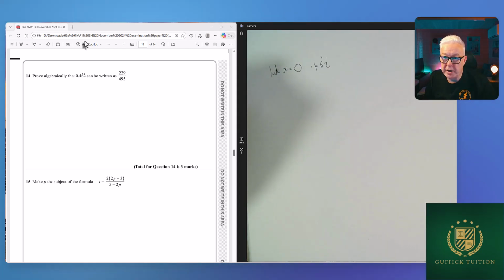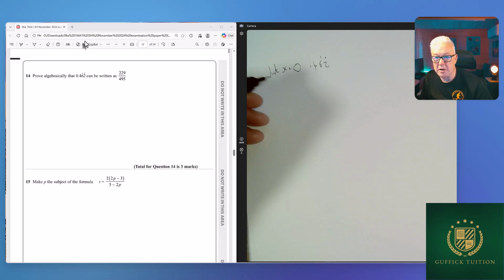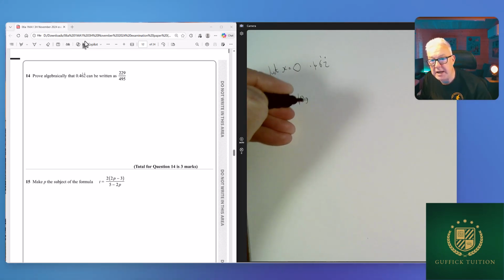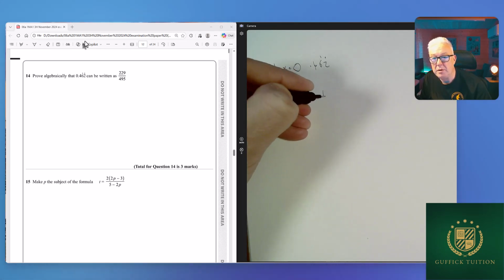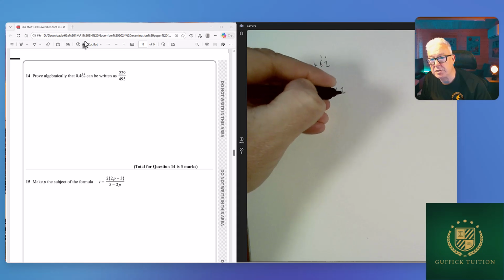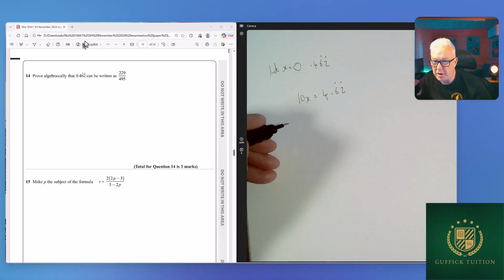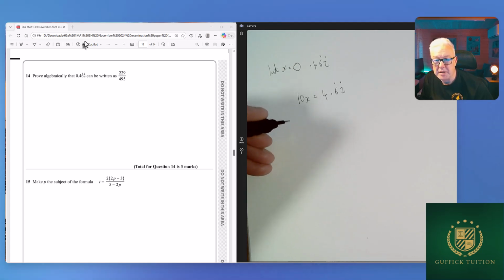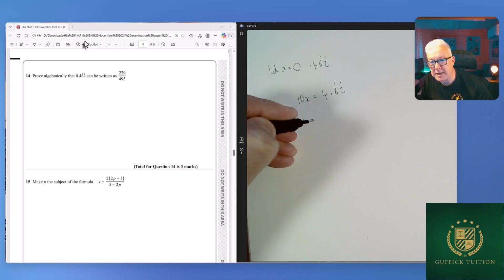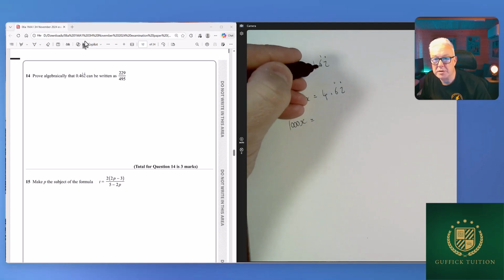Now we want to try and line up the 62 recurring, so we can say that 10x is going to equal 4.62 recurring, like that. And I think I'm going to need to times it by 1,000 to get the other bit lining up. So we're going to say 1,000x is going to equal, so it's going to go to 1, 2, 3.